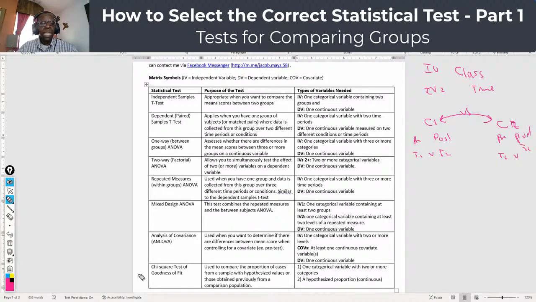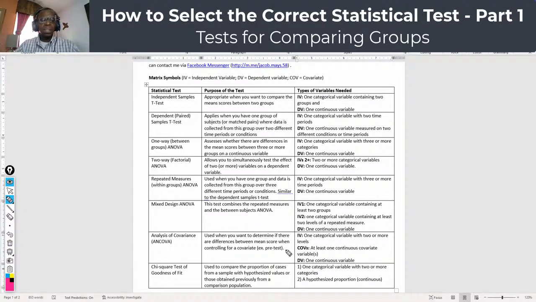Okay. And then we have what we call the analysis of covariance. And the analysis of covariance is an ANOVA, but you have a controlling variable. So let's say, for example, we want to compare math scores between classroom 1 versus classroom 2. But we think that classroom 2 may have smarter kids, right? So it's going to be biased.